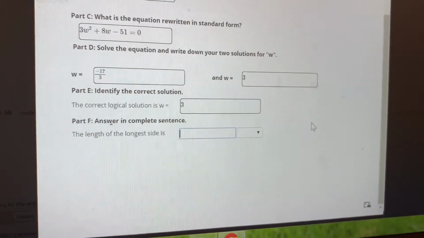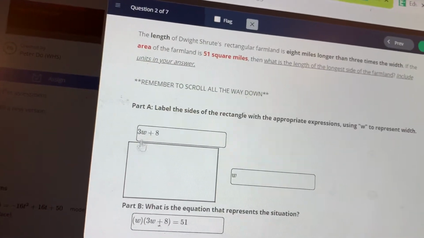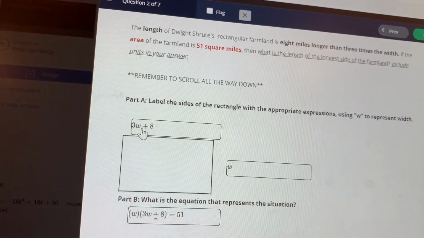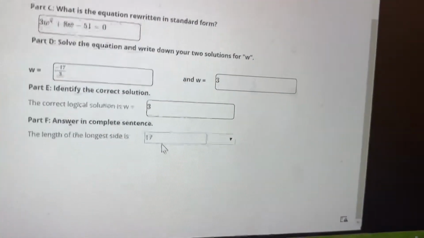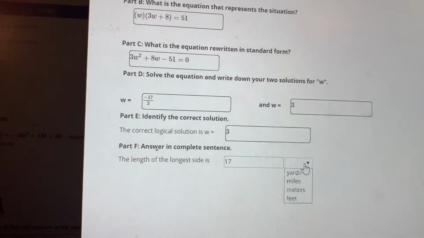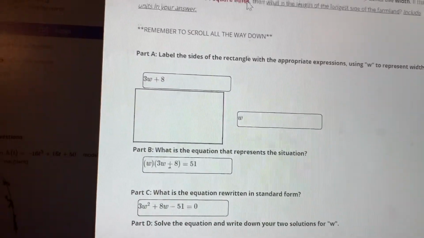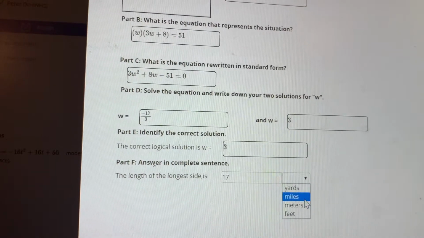And then the longest side, if I plug in 3 to the longest side, 3 times 3 is 9, 9 plus 8 is 17. So I'll put 17. And then we are talking about miles. And that should be it.